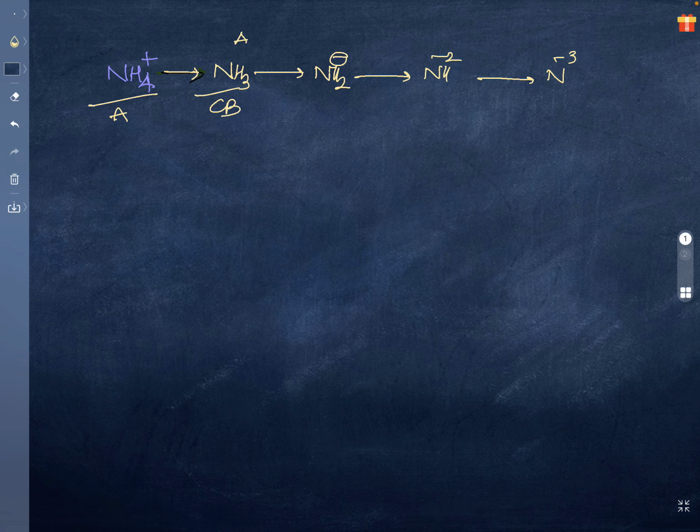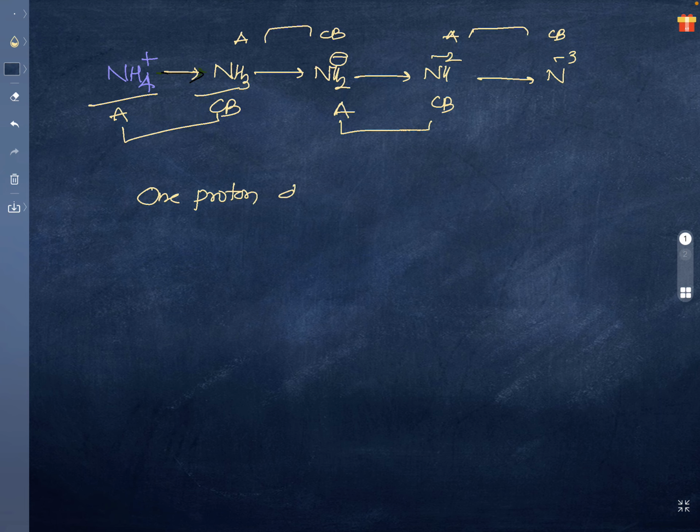Any two adjacent ones, this combination you can call a conjugate acid base pair. So what we are saying is, one proton difference makes a conjugate acid base pair.